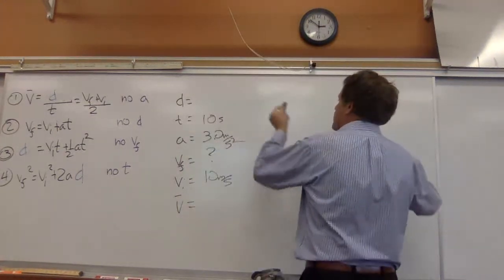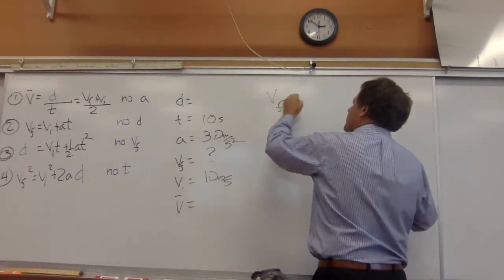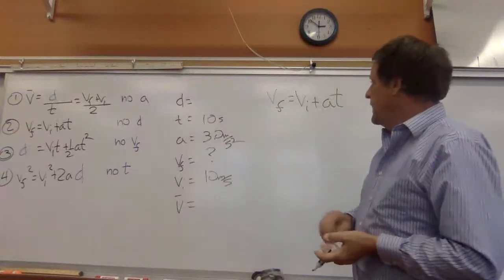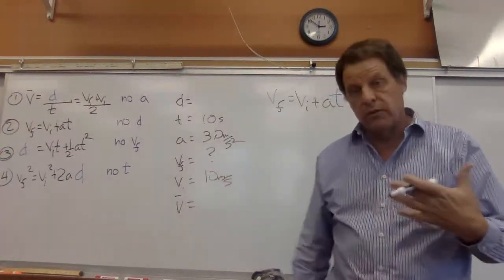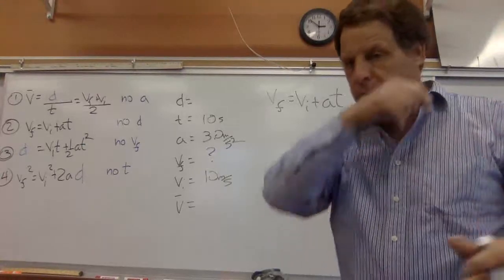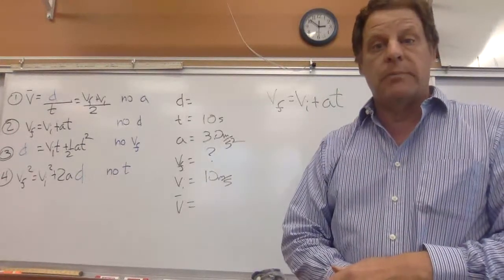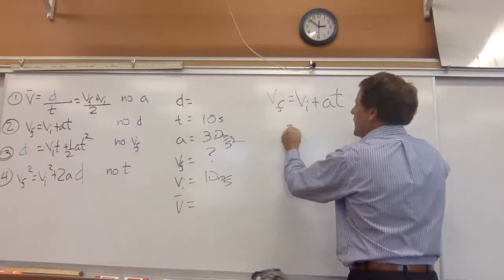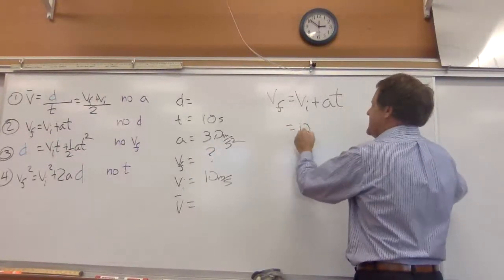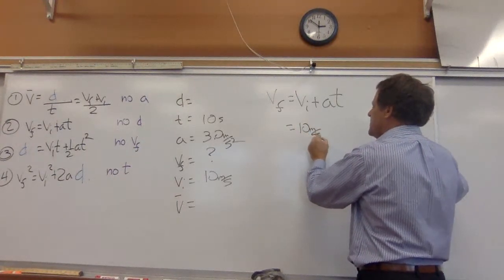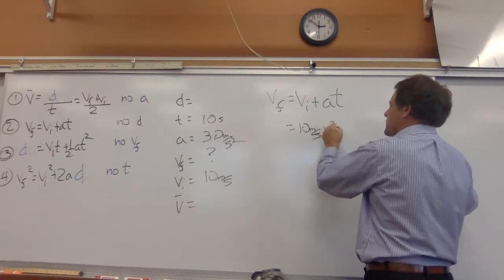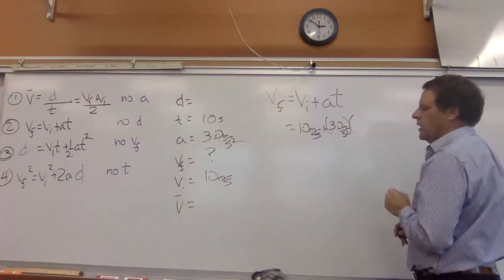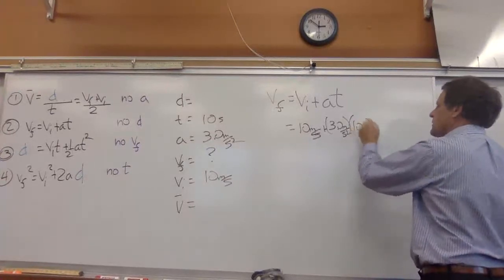So now we can write out that equation: V final is equal to V initial plus AT, and again we're finding this. This one is easy because we don't have to do any algebraic manipulation to get our final answer. It's already in the form that we want. So our initial velocity is 10 meters per second, plus our acceleration, 3 meters per second squared, times 10 seconds.